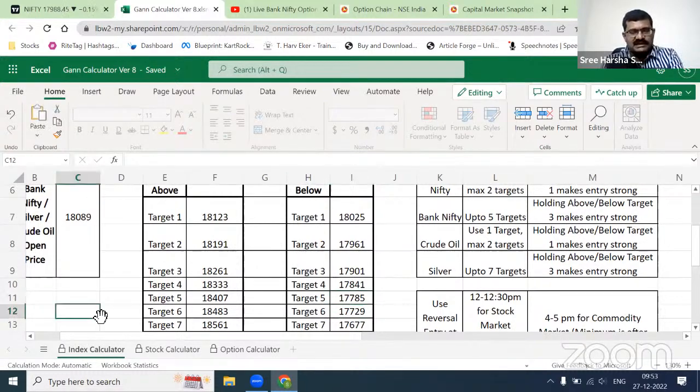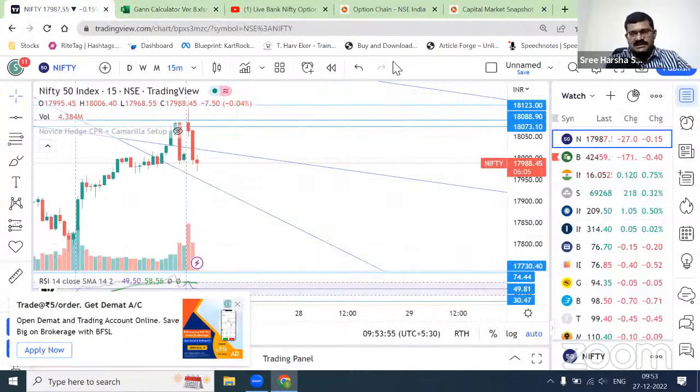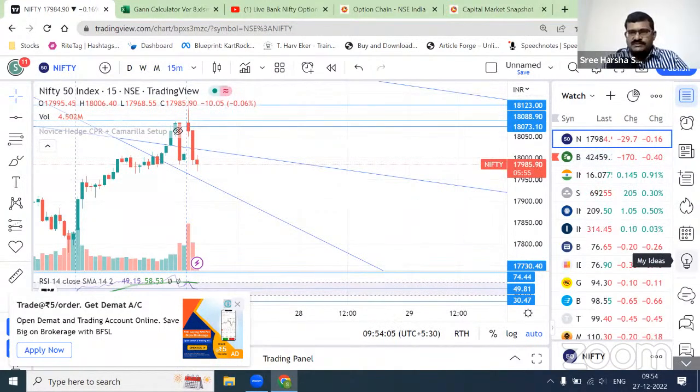And for Bank Nifty, already most of the targets were done. So from that perspective, it has all the potential now to go towards the 42,000 level also. Bank Nifty is quite weak. If you see, Bank Nifty is very weak.